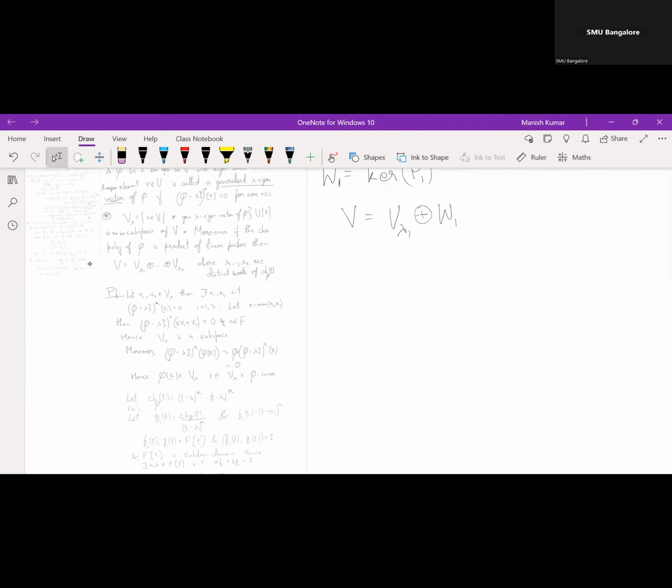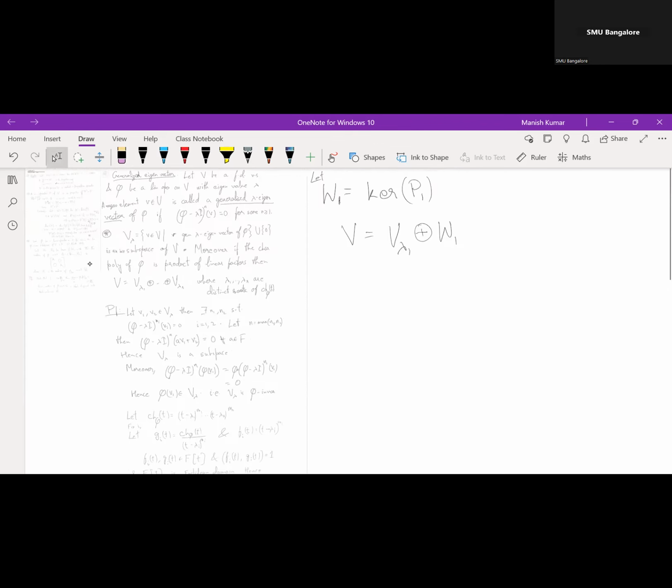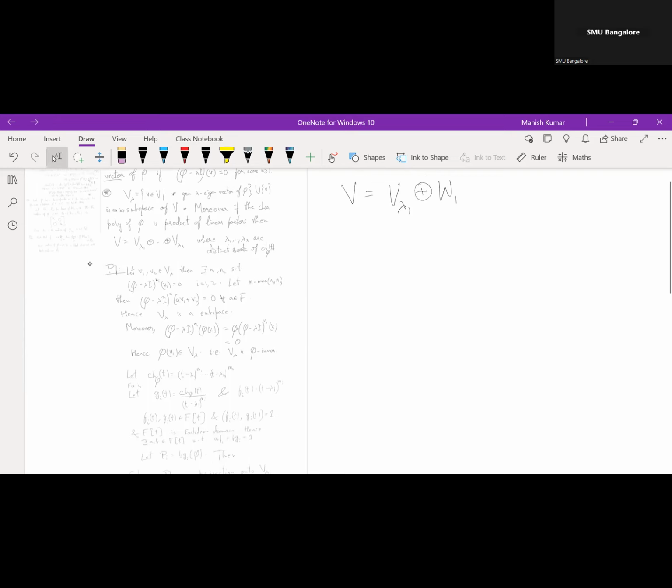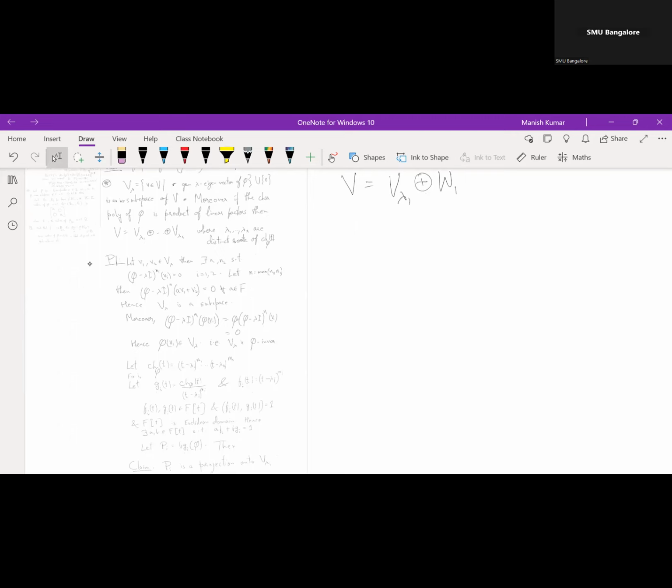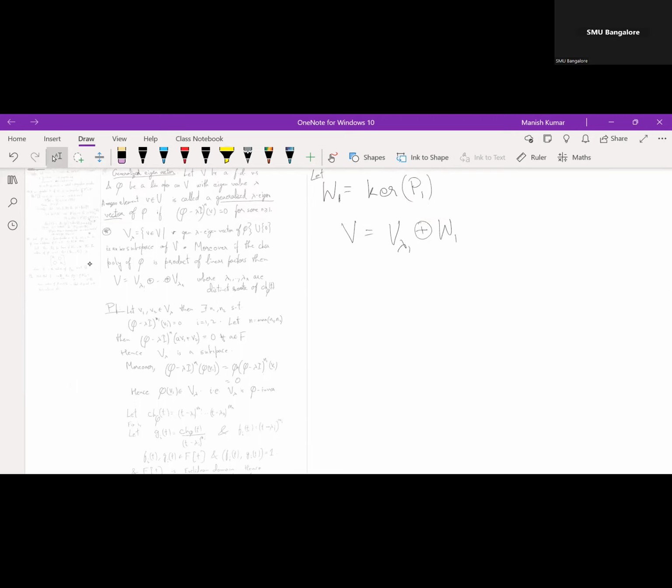V_lambda1 will be g_1(phi). So which linear operator's image will be W1? So you just take the other factor, f_1. If you consider f_1(phi), yeah? Let's call it Q1.